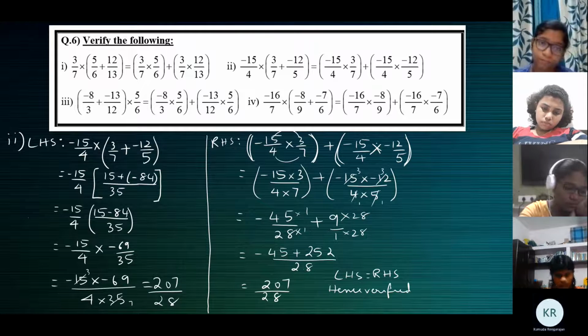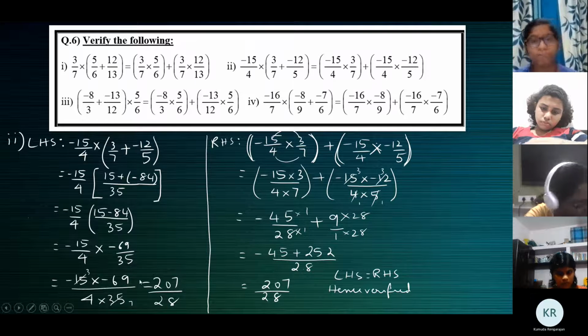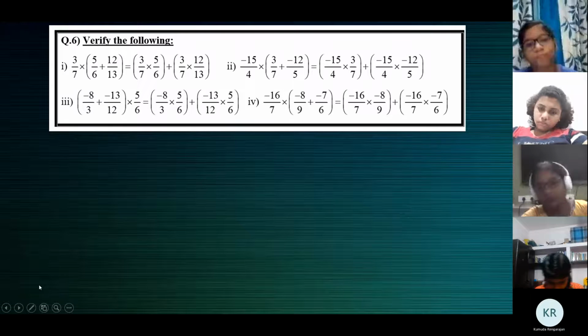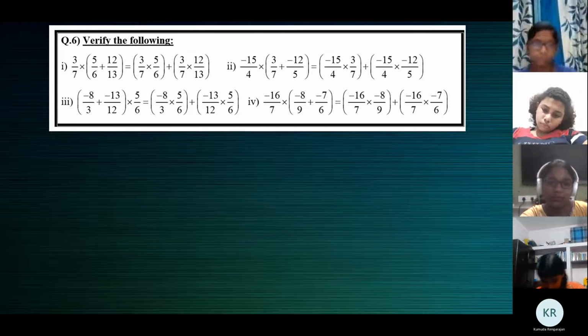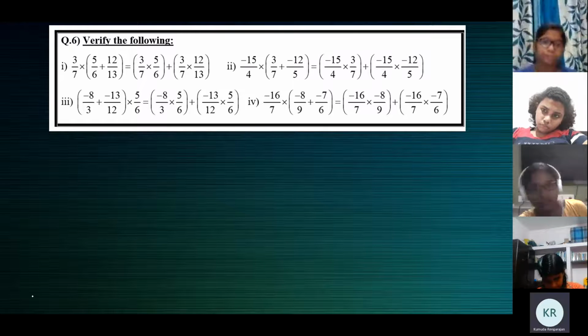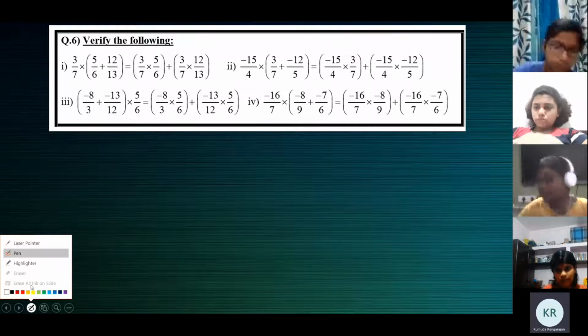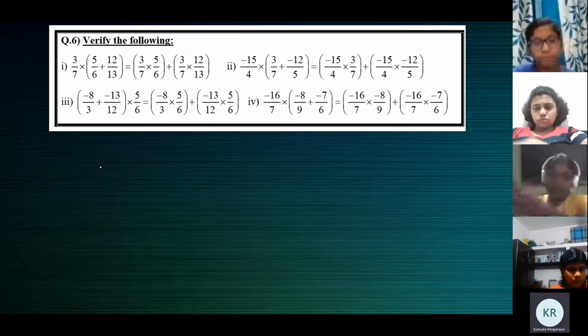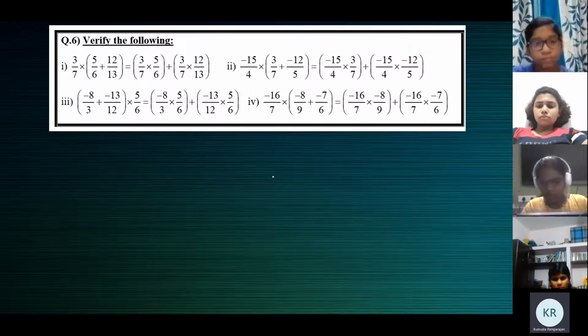All right. Now, the 3rd question you can try as homework. We'll do the 4th one. Or if you've written the 3rd question, children, we'll do the 3rd one now and 4th will be homework.